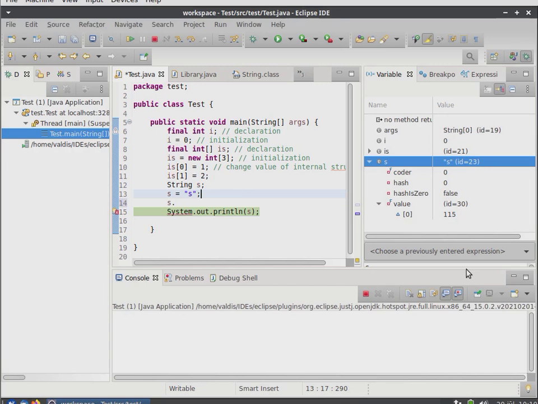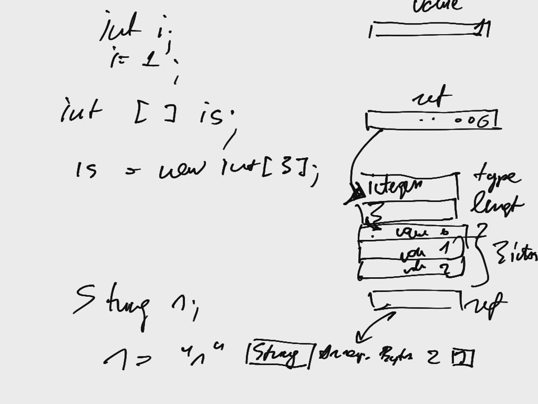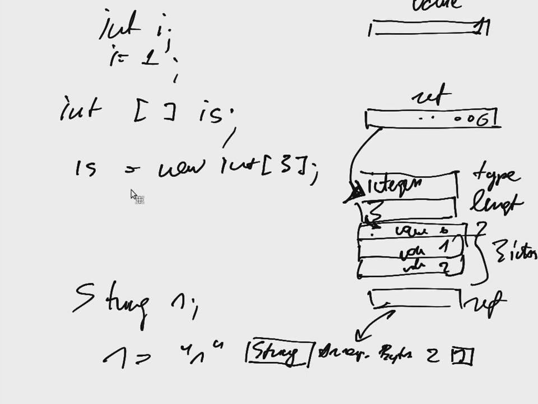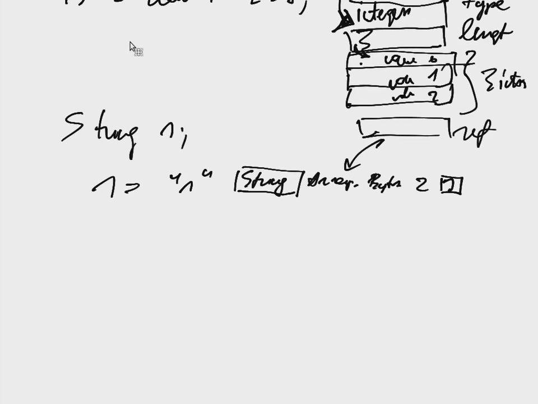So what does it mean? It means that here inside virtual memory, in this heap part, there is also definition of all classes loaded, and somewhere here definition of array class is loaded, somewhere here definition of string class is loaded.